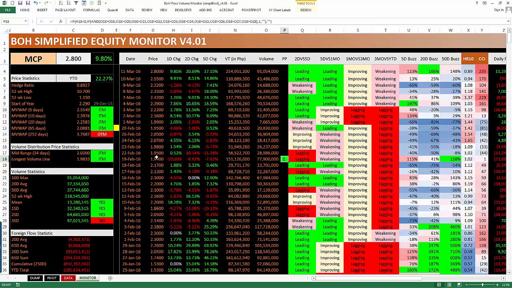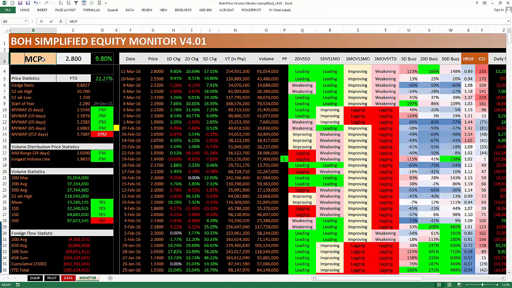Usually, ang kinaganda kasi nito, pag nagkaroon ka ng capitulation day, the next day should be, kahit na mag-slide lower siya, volume should be thinner on the next day.